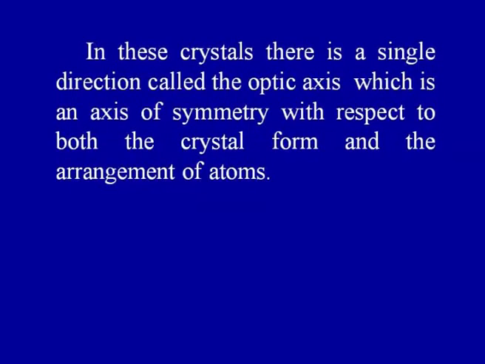Both of these show simple type of anisotropy, which characterizes uniaxial crystals. In these crystals, there is a single direction called the optic axis, which is an axis of symmetry with respect to both the crystal form and the arrangement of atoms.